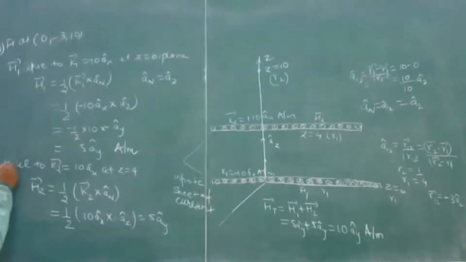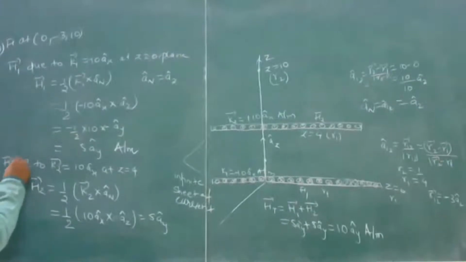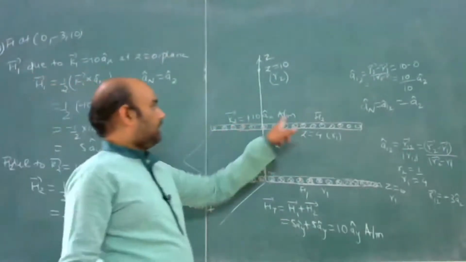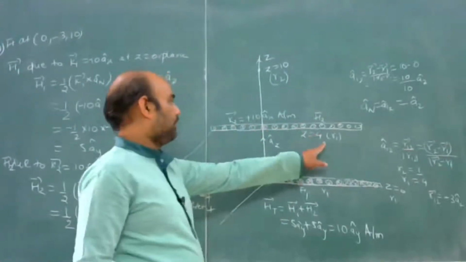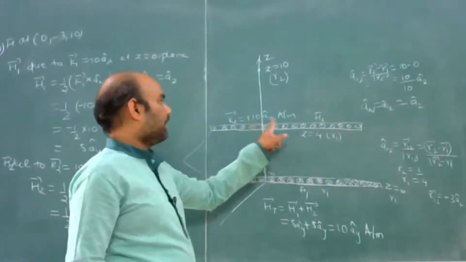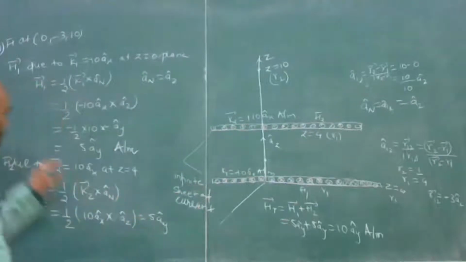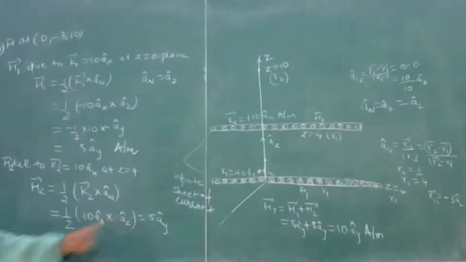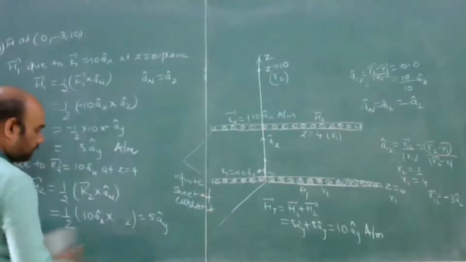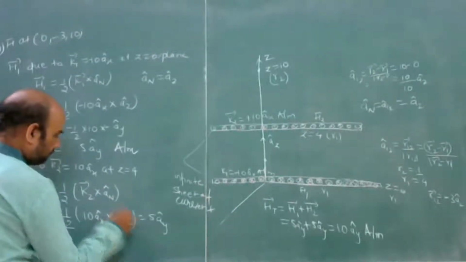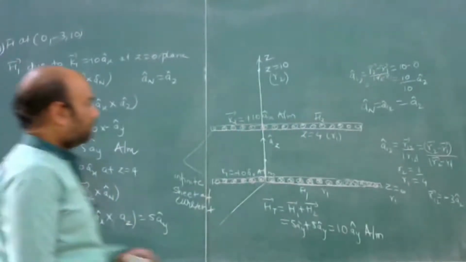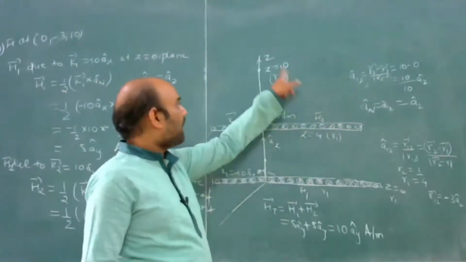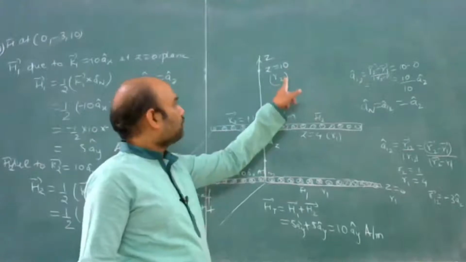Now H2 due to K2, which is at the z equal to 4 plane, and K2 is equal to Ax. So this will again be half K2 cross An, where An is Az. Now it is kept at z equal to 4, so this will become R1, and we have to find at z equal to 10, so this is R2.